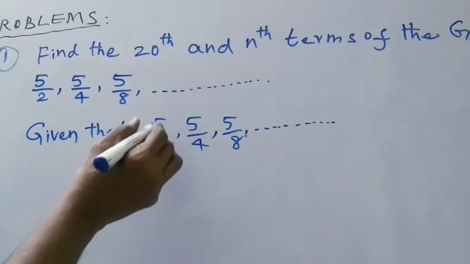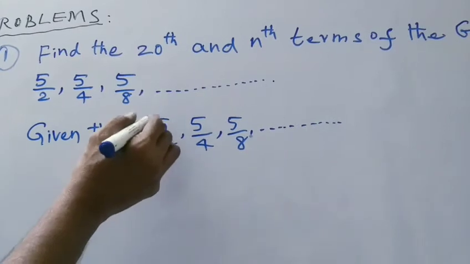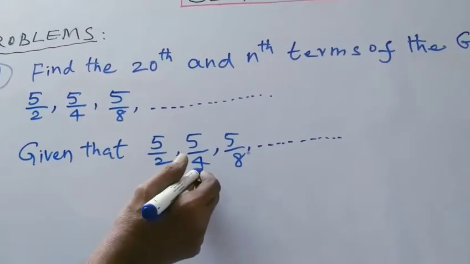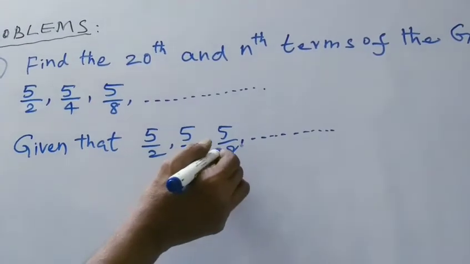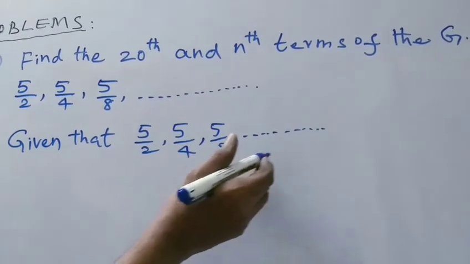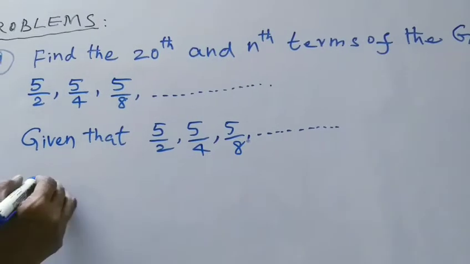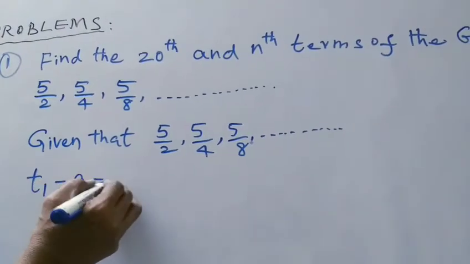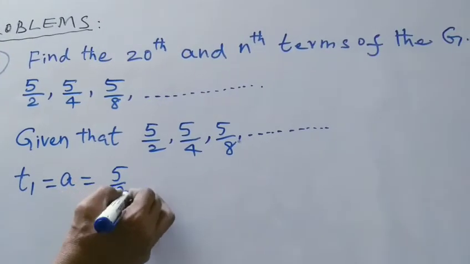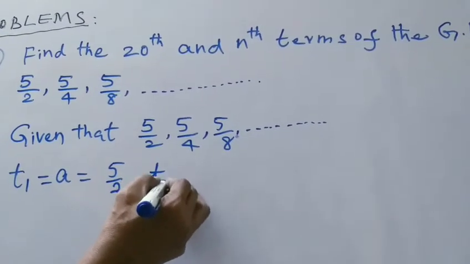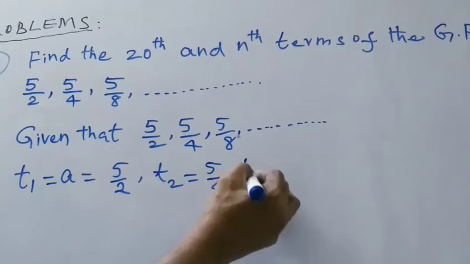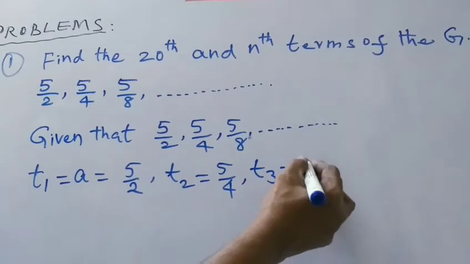Here in this sequence the first term is 5 by 2, the second term is 5 by 4 and the third term is 5 by 8, and so on. First term a is equal to 5 by 2. Second term is equal to 5 by 4 and third term is equal to 5 by 8.